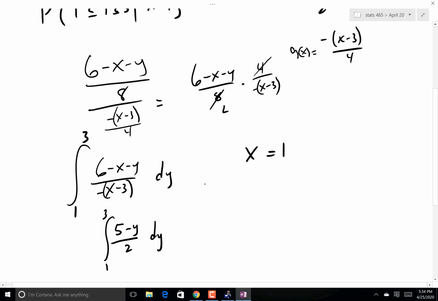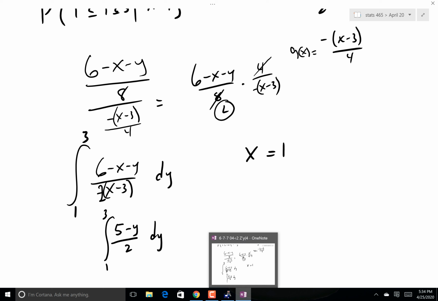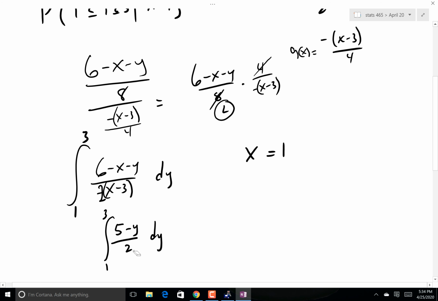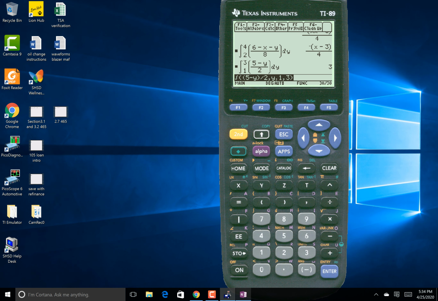Oh, that's what went bye-bye. My 2 right there, you with me? My 2 went bye-bye. So that makes that actually a 4 down here, which makes me a little happier. Still something a little screwy.